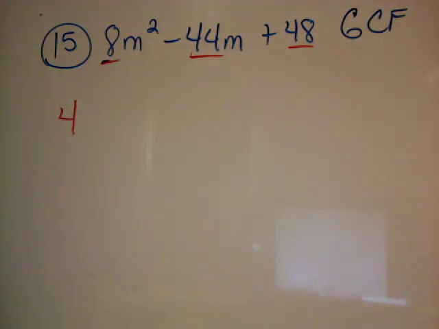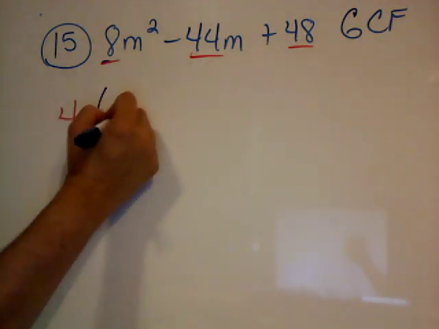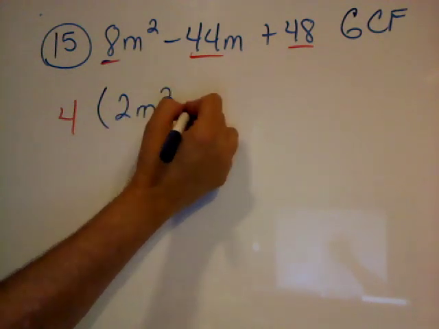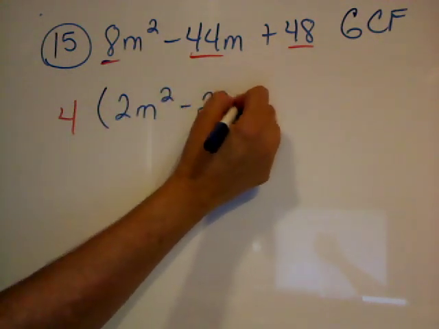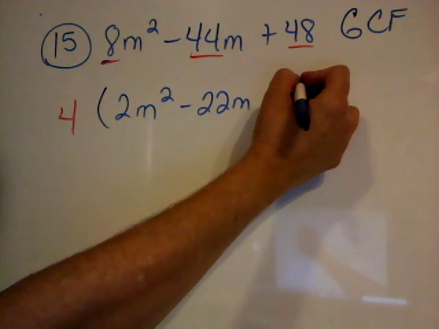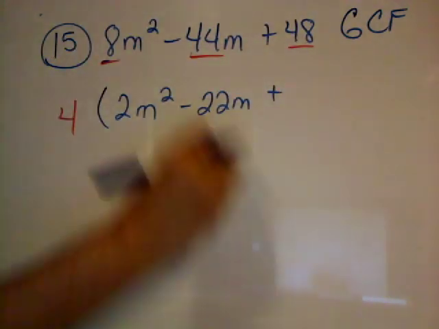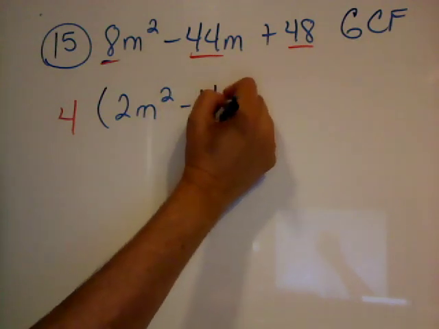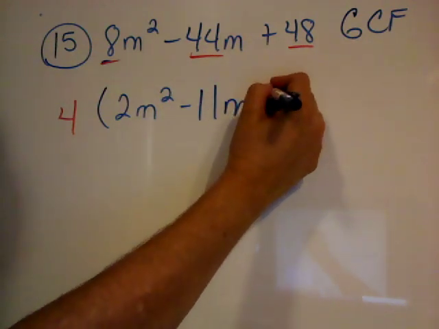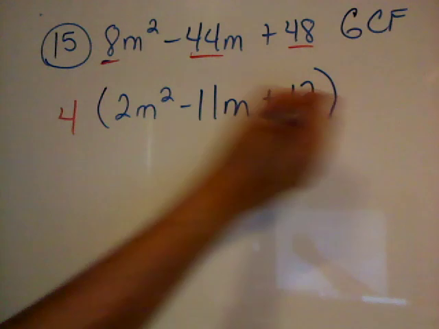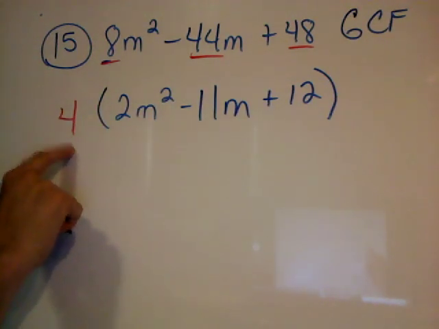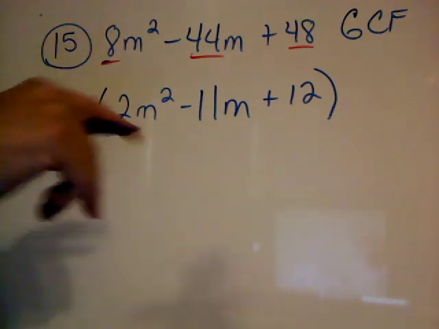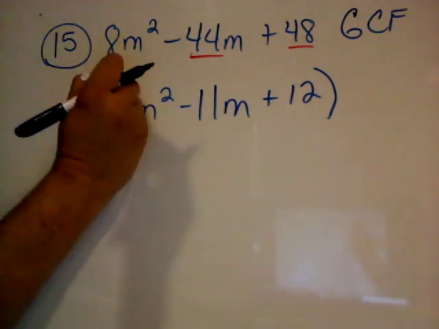If I take out a 4, that's going to leave me with 2m squared minus 11m plus 12. So we factored out a 4. That leaves me with smaller numbers to work with.